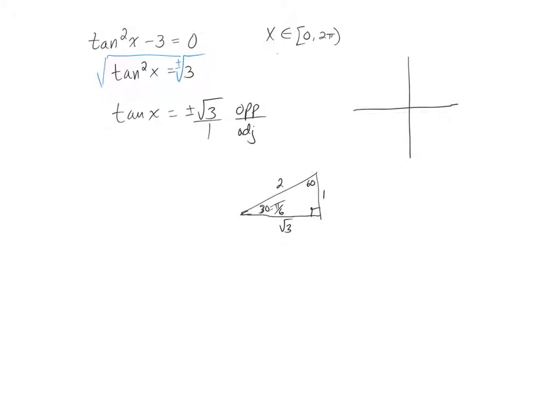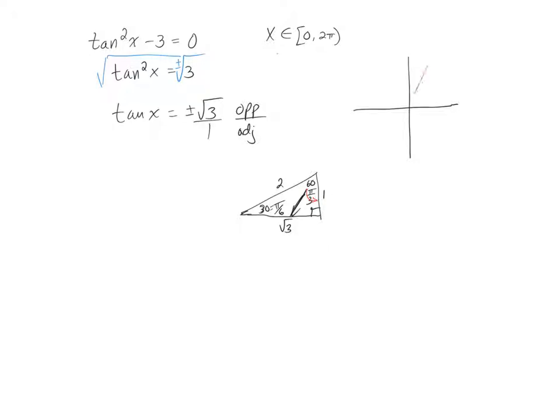And you think, okay, for the opposite side to be root 3, we're looking at the 60-degree angle, which is our pi over 3. That's the guy that would have the opposite side being root 3 and its adjacent side being 1. So our angles are going to be pi over 3s, or 60 degrees, in every quadrant.